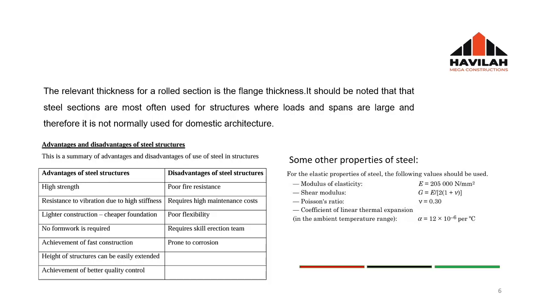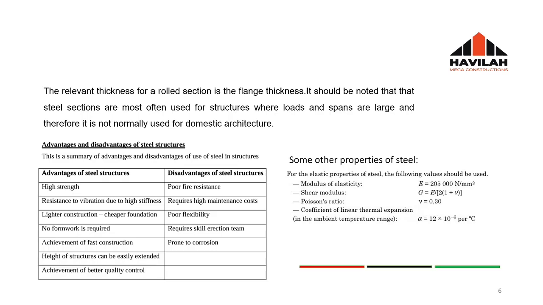Yes, I have some other properties of steel that I would like you to master, because they'll be useful when we start our calculations properly. So for elastic properties of steel, the following values should be used. The modulus of elasticity, which is the capital E, is 205,000 Newton per millimeter squared.